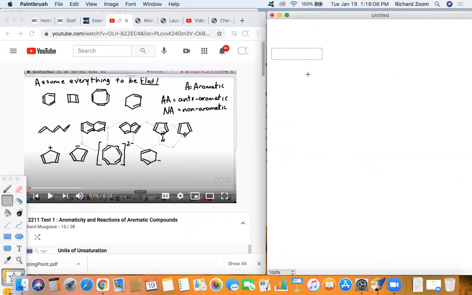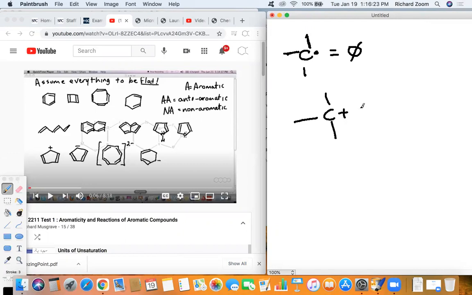Okay, if you've got a carbon atom with 3 bonds on it, and it's got 1 electron, this charge is actually 0. If you take this electron away, it's a plus charge. If you add an electron, that's actually a negative charge.